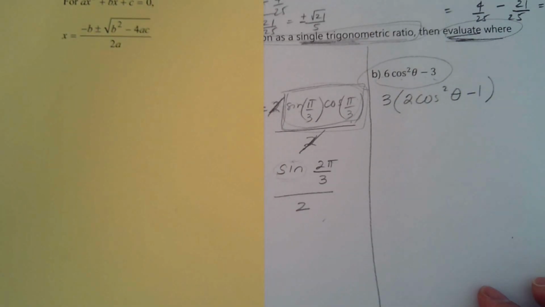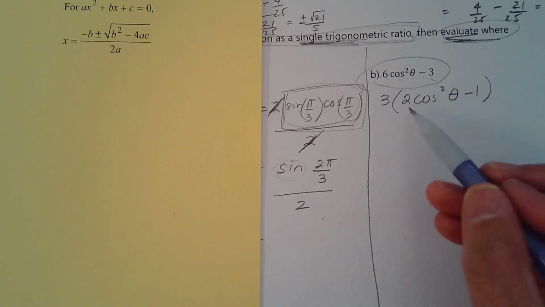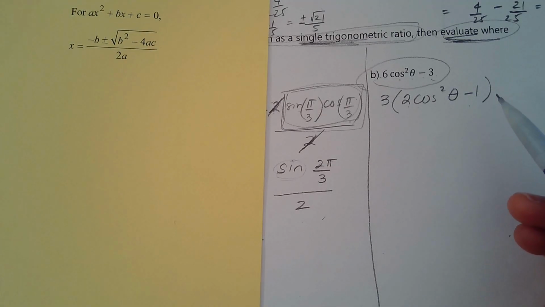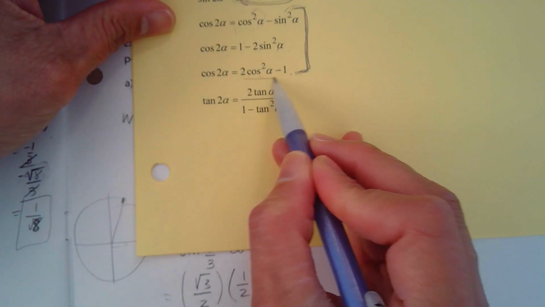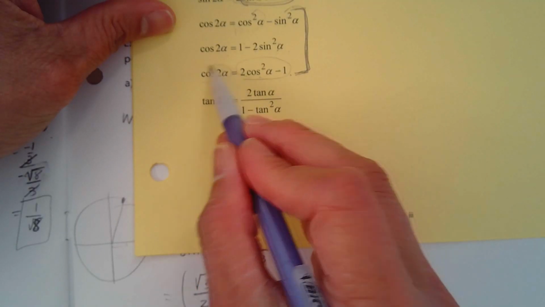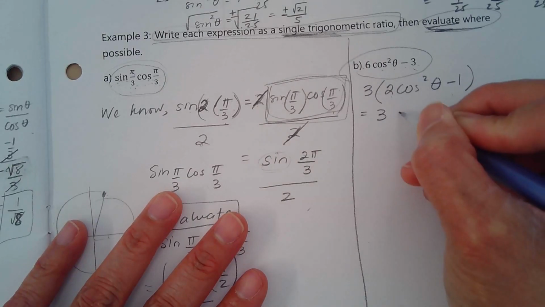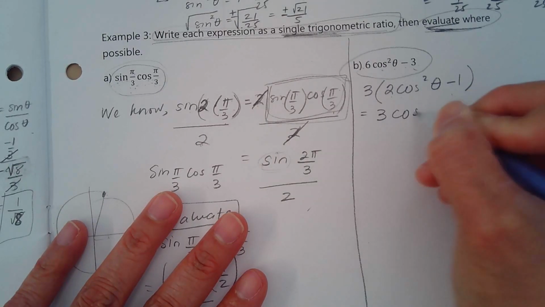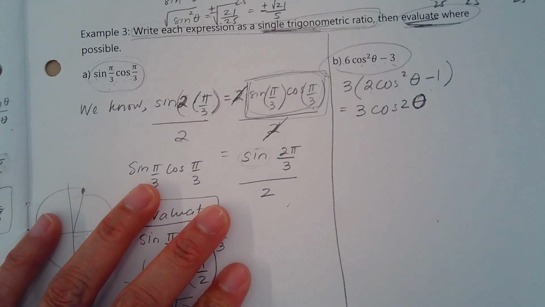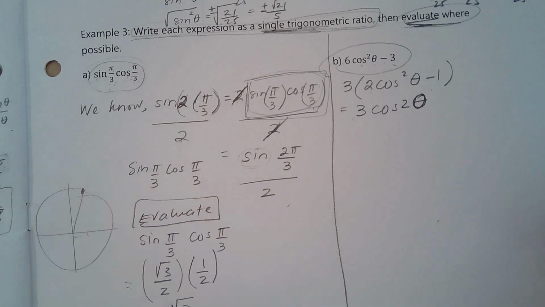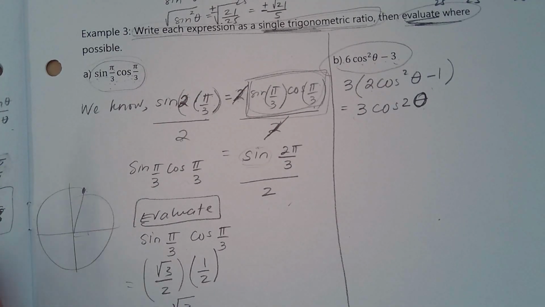What can we replace it by? 2 cos squared theta minus 1 is cos 2 theta. So this is the same thing as just saying 3 cos 2 theta. So this is like under one term. That's part 1, writing it as a single trigonometric ratio.